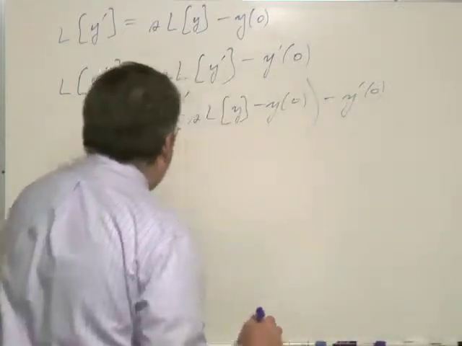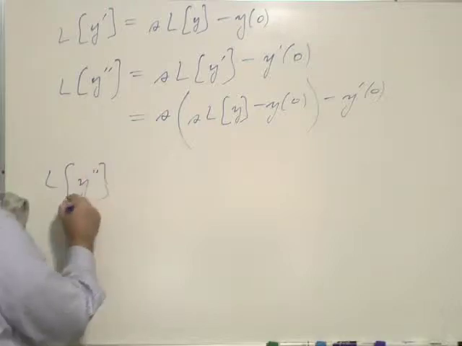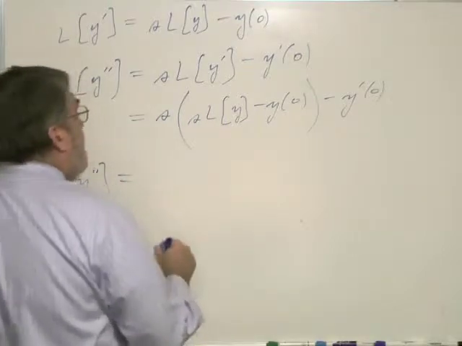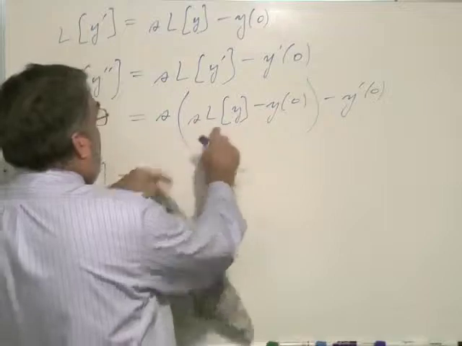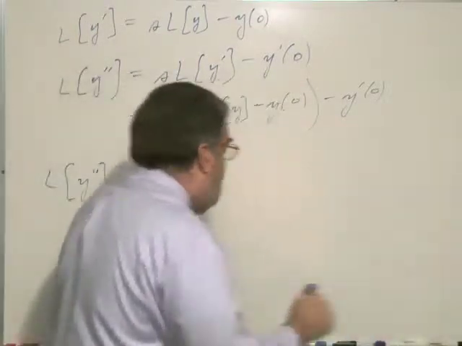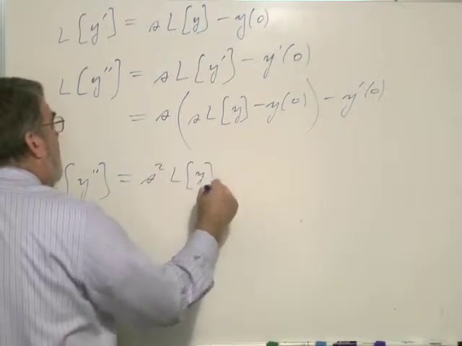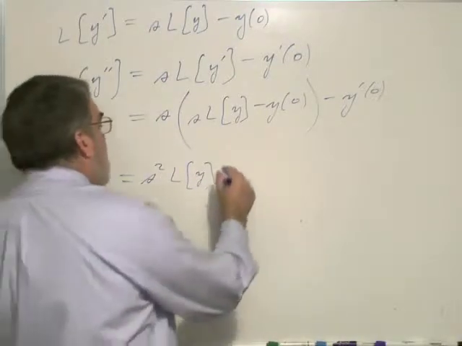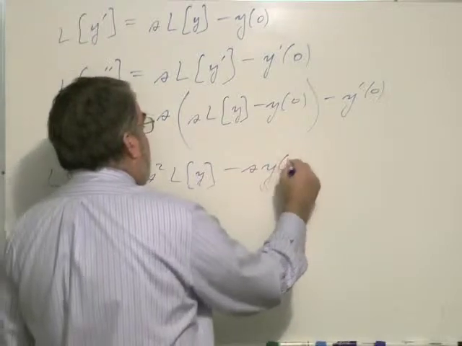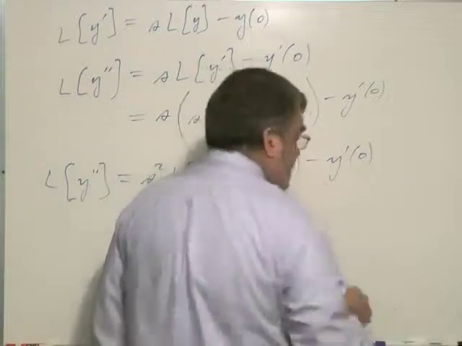And now we can write out L of y double prime. It's going to be s squared L of y minus s y at 0 minus y prime at 0.